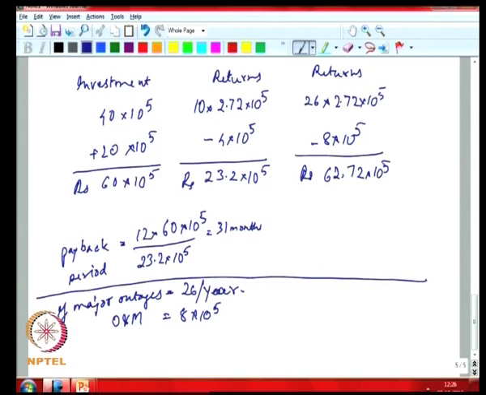So in this case your payback period is, so in this case it is less than a year, and you might say okay, now this is an attractive proposition.